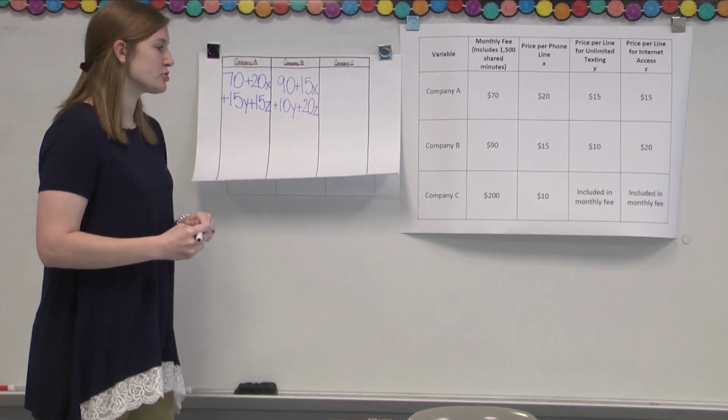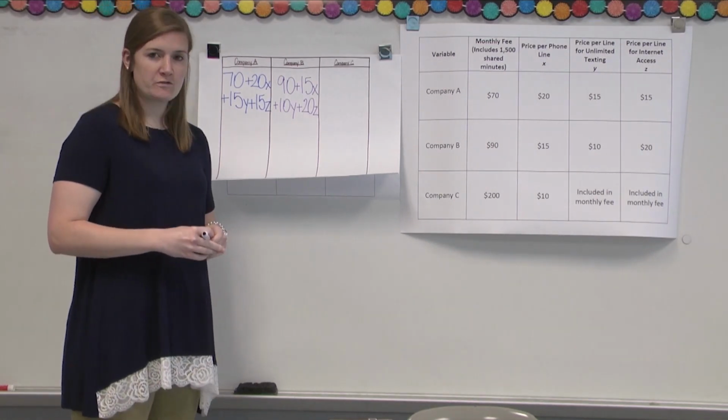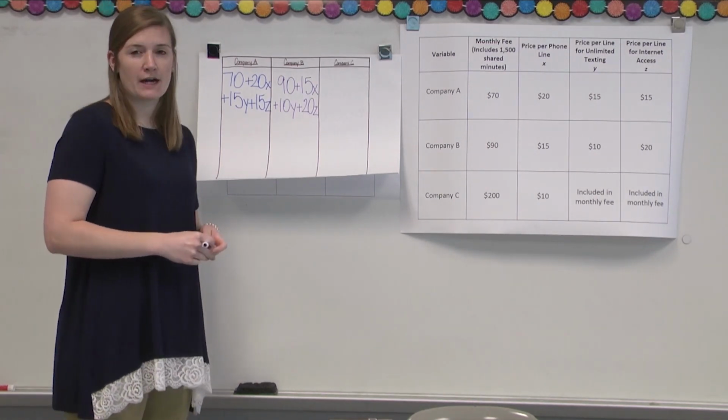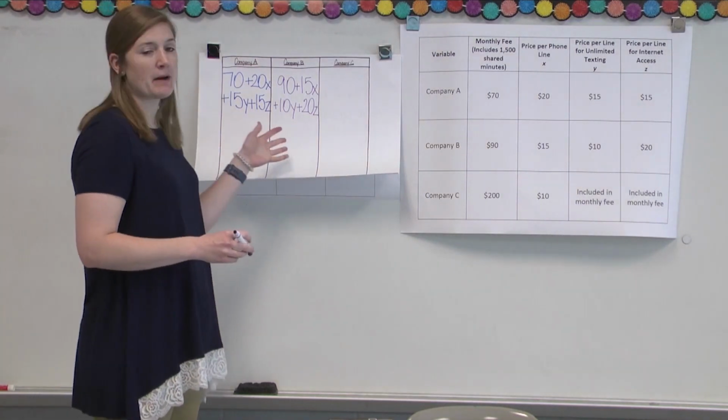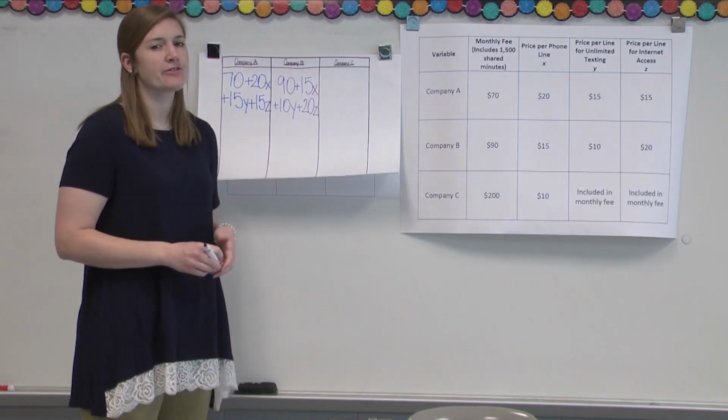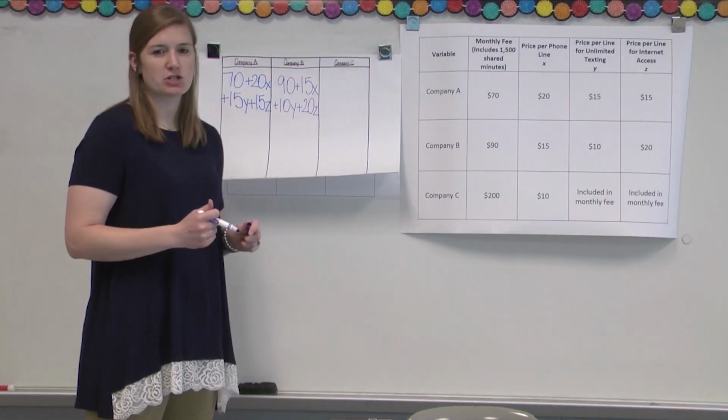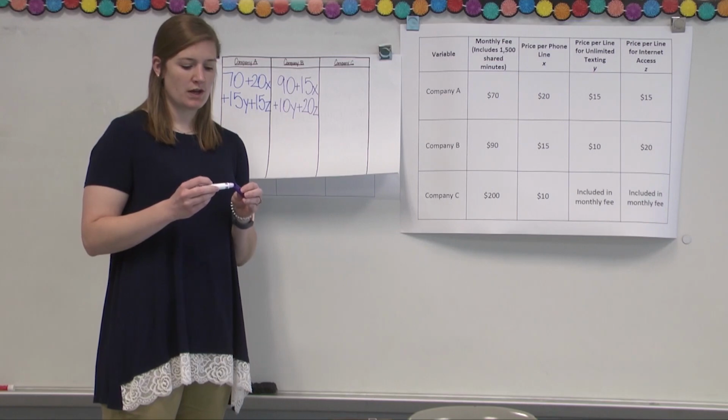So for Company B, you should have 90 plus 15x plus 10y plus 20z. Okay, and keep in mind that this is commutative, which means if yours is in a different order, it's okay, as long as you have those same terms. Okay?